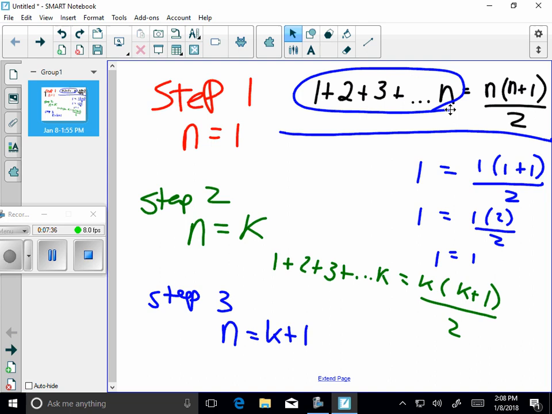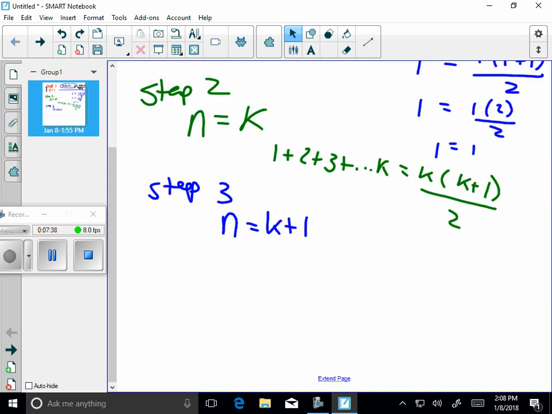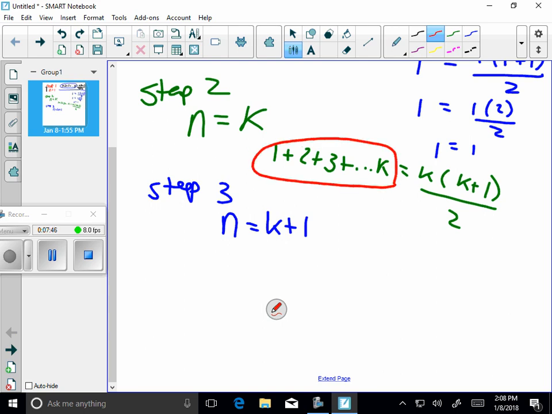All right, so now what do we do? This part blows a lot of people's minds, so stay with me. I'm going to take this side first. And now, considering we're going to k plus 1, we would have 1 plus 2 plus 3 plus dot, dot, dot, plus k.